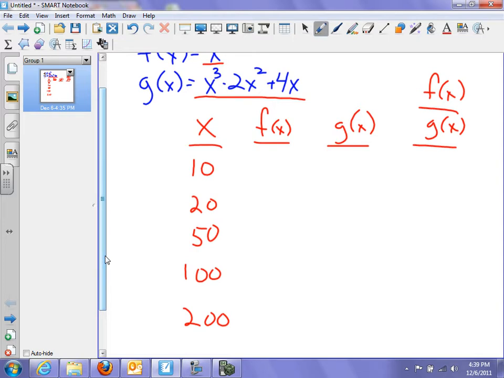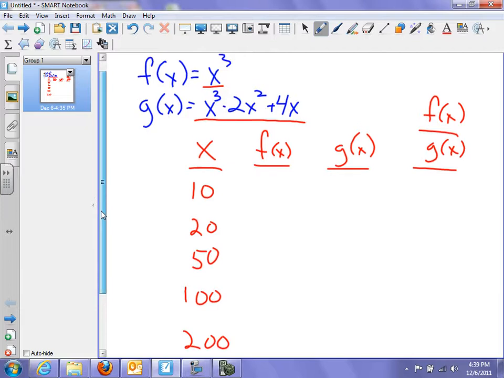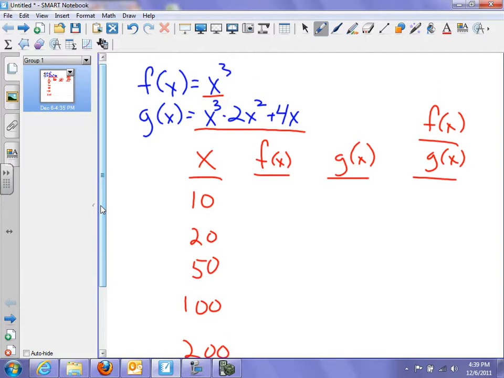Let's take one line at a time. If I want to find f of x for x equal to 10, well, f of x is x cubed, so f of x is equal to 1,000. Now, g of x is a more complicated equation.